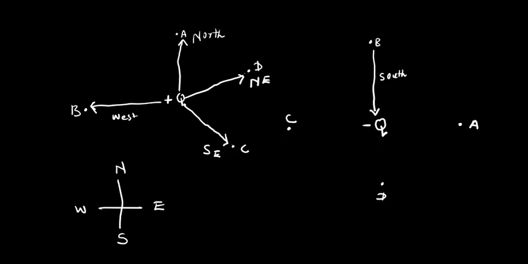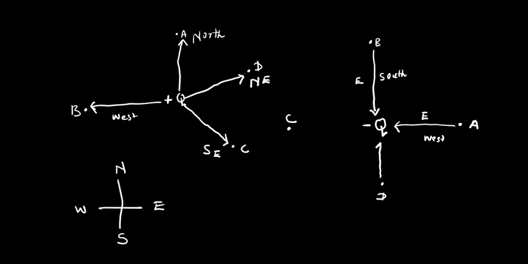Now, it's also going to move from A to the charge. That is in the west direction. Remember, this is electric field, E. So it's going to move from D to the charge, inwards.